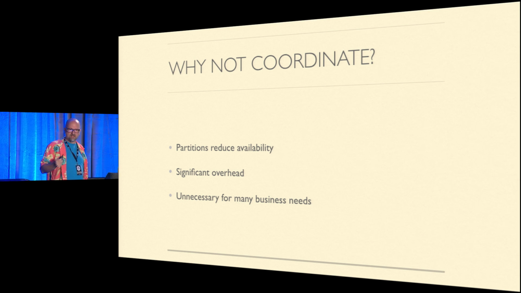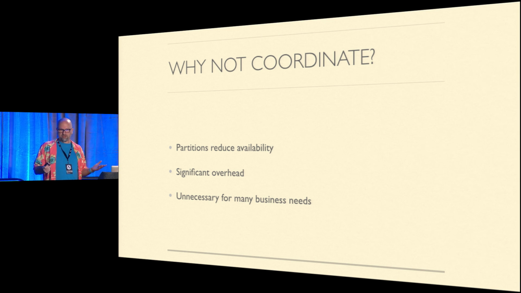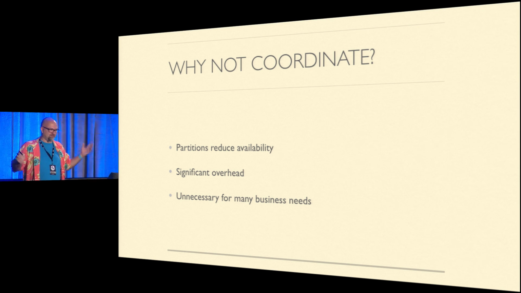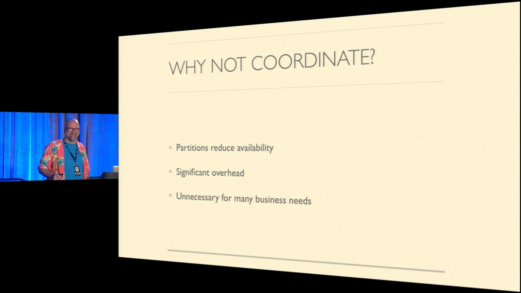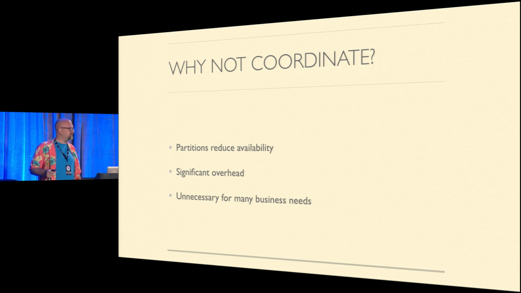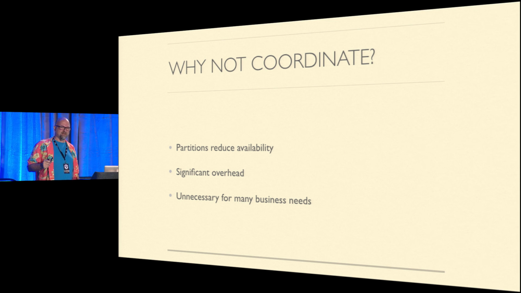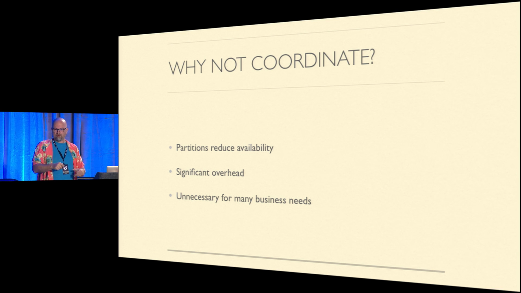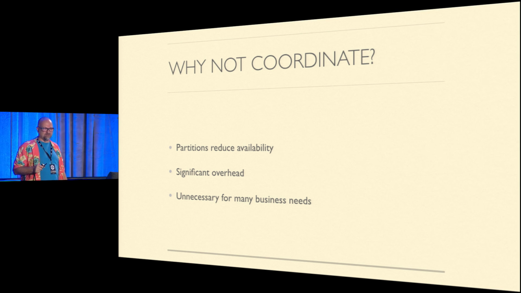If you're doing airline scheduling, for example, and you want someone to reserve a seat, there's no reason to shut down the system because you've got a network partition. If you give two people the same seat, you apologize to one of them. Maybe you give them a refund, doubtful, but some sort of credit towards your next flight. But there's no reason to shut down the whole system just because you have a problem in your network, right? So strong consistency, the notion of checking in with a central repository and making certain that you can actually do what you want to do, is just extra overhead that in a lot of cases is not necessary.